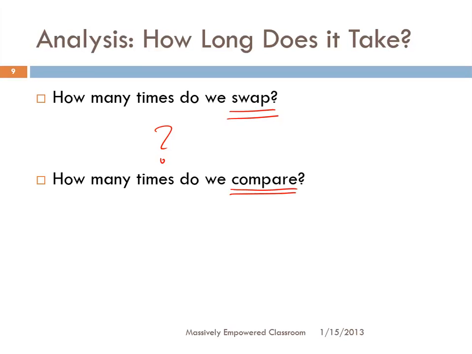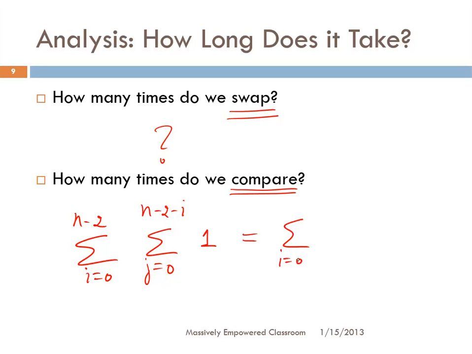So in the outer loop, we go from I equals 0 to n-2. In the inner loop, we go from j equals 0 to n-2 minus I. What do we do each time? We do one comparison. We compare a[j] and a[j+1], right? So if you sum this up, what do you get? This is nothing but sigma I equals 0 to n-2.